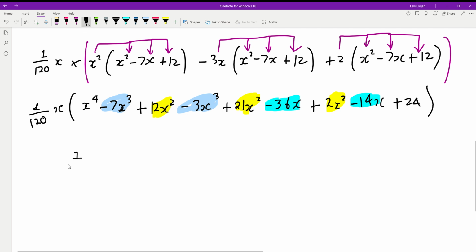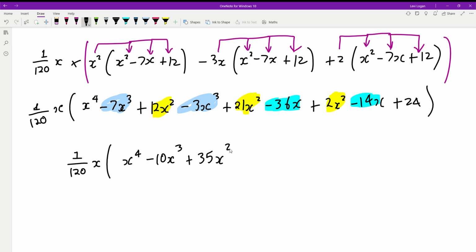So we can go 1 over 120 x times by x to the 4 minus 10x cubed, and then 12 plus 21 plus 2. 21 plus 2 is 23, plus 12 is 35x squared. Then you have minus 36 minus 14, so that's minus 50x plus 24.